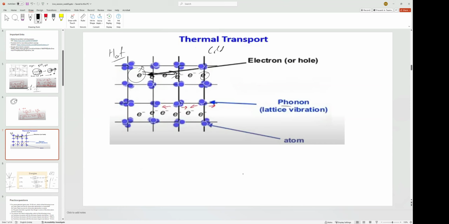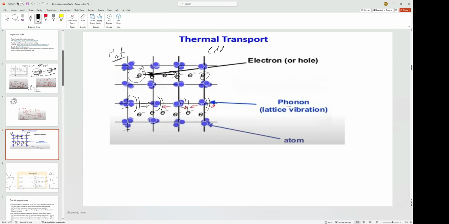If this side is hot, both electrons as well as the atoms which form the lattice also vibrate more. If this one vibrates this way, there will be repulsion on this one and this one also vibrates. So there will be a collective oscillation of these phonons.